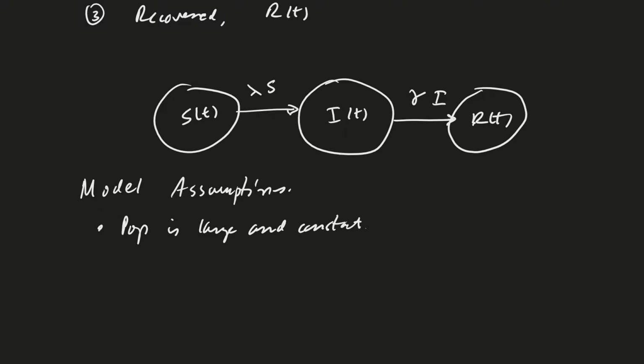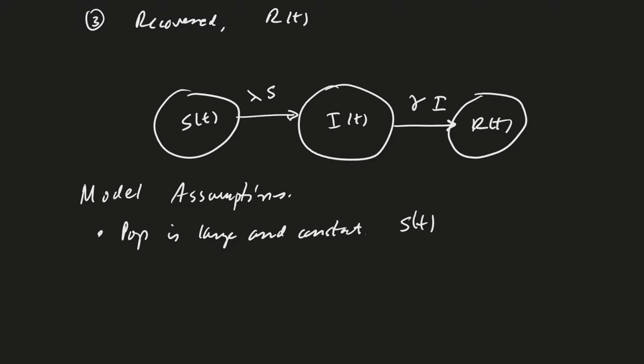And so that means in our notation, this is going to be true at any time T. If I take S of T plus I of T plus R of T, that's always equal to N. Good.